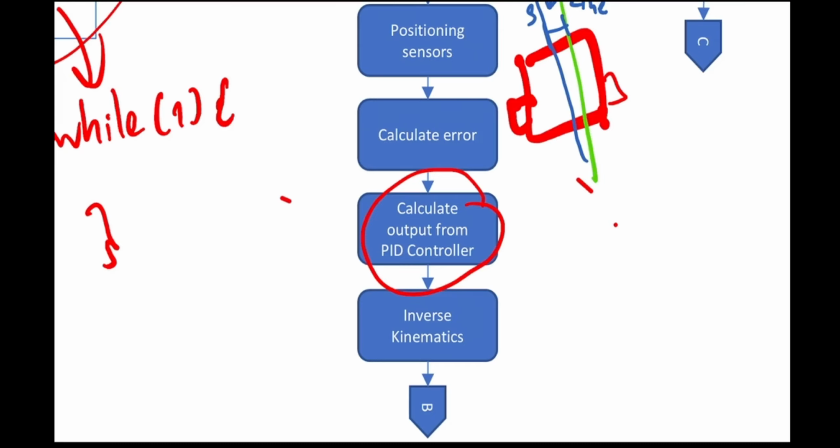What we get from that is the output from the PID controller. The output that we get, we will use to compensate the robot, to make the robot move in the opposite direction, and then the robot will align with the line. The output from the PID control is given to the inverse kinematics algorithm.